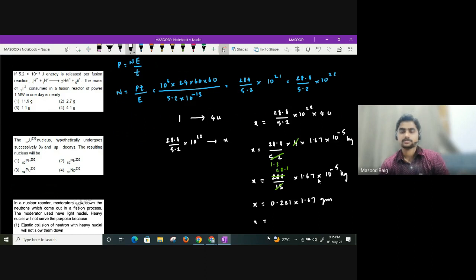Will it be 1.4, something like that you will get, no? How much did we get? 0.221 into 1.67. I'm getting 0.36 only. Is there any mistake that we have done? Just check.